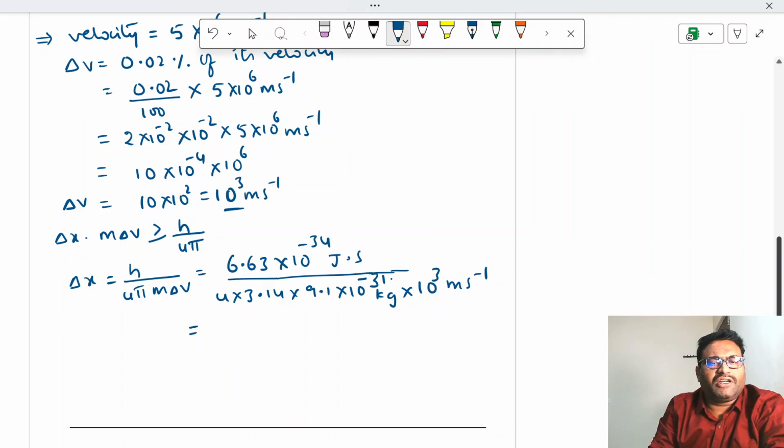So then what do you get? 6.63 by 4 into 3.14 into 9.1 into 10 power minus 34 plus 31 minus 3. So then what do you get? 4 3s are 12, 12 9s are 108.